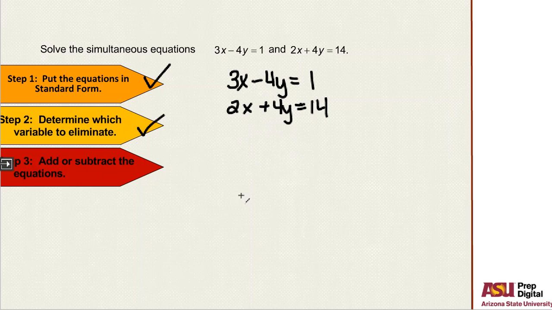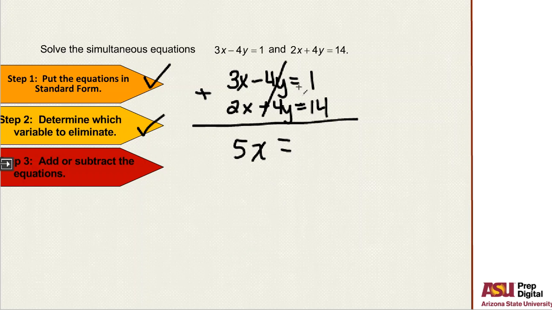That doesn't eliminate anything, it doesn't make a 0, so I'd have to do a little bit more work. But in this case, they're already opposite signs, so adding is all I need to do. If I add a 3x and a 2x, I get 5x. And if I add a -4y and a +4y, that makes 0. So there's elimination. That's the whole point.